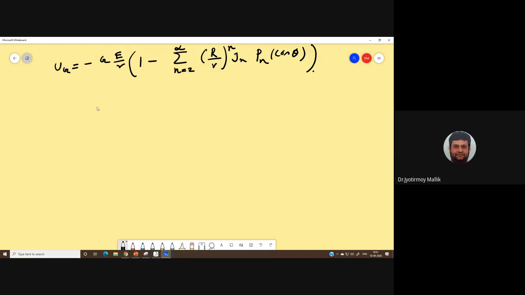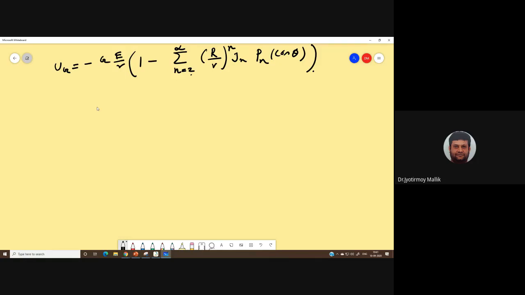What I have to understand is why it is 2 to infinity. 2 is because we will see it in the Legendre's polynomial. If it is 2, the first term becomes r square.